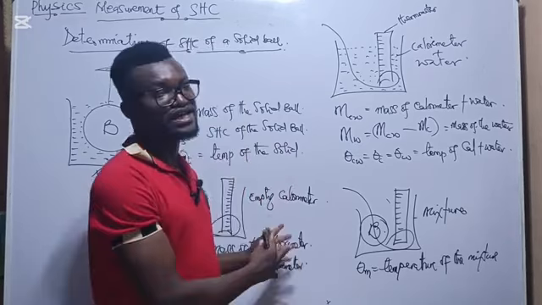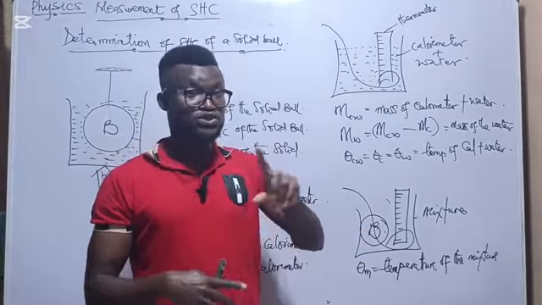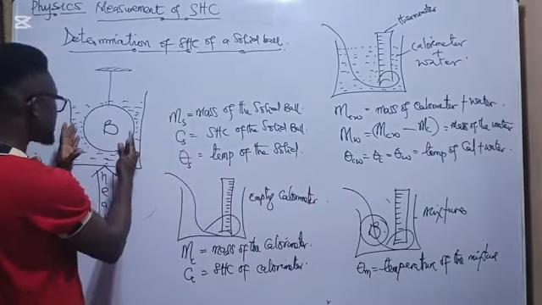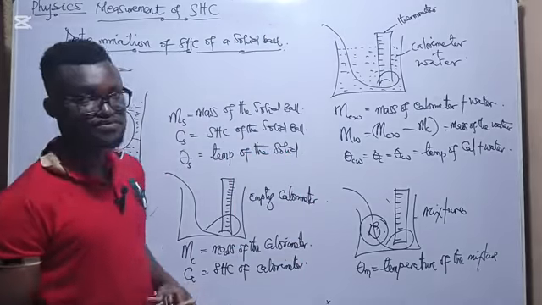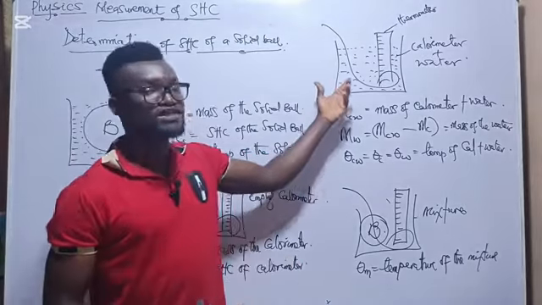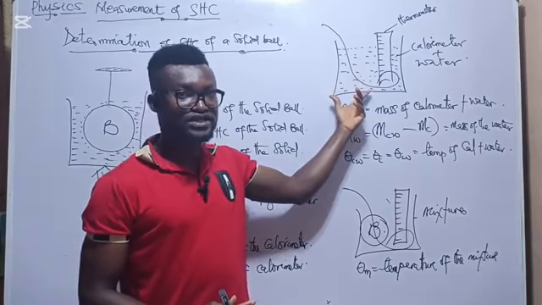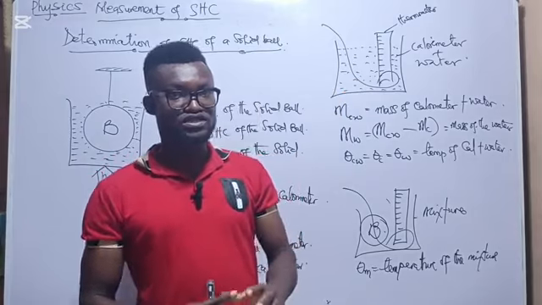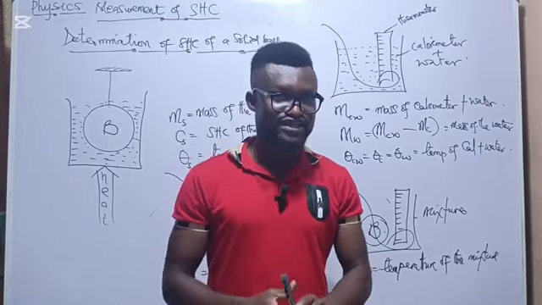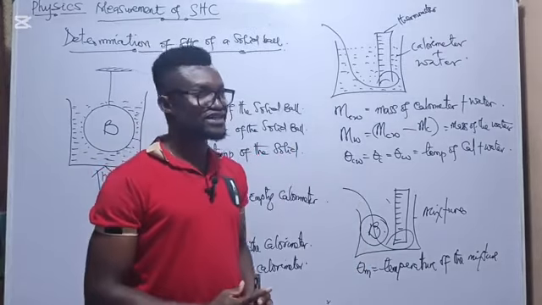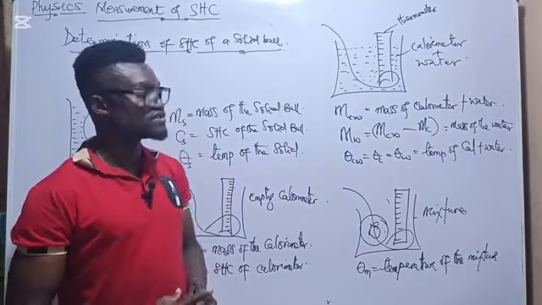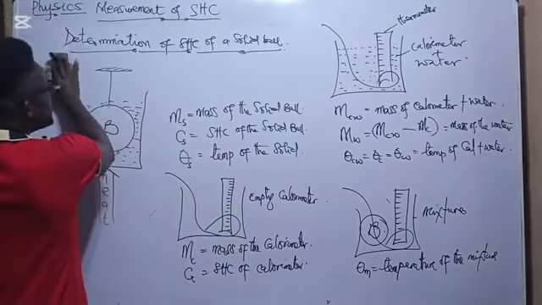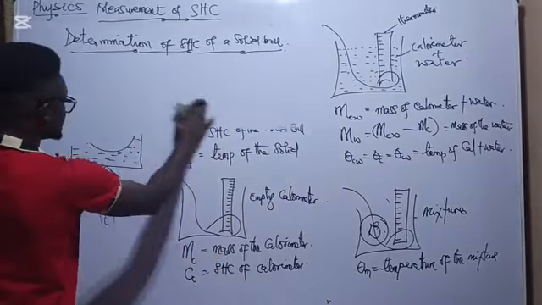So when we neglect the heat loss due to the environment, we can say that the heat transferred by this solid block is equal to the heat gained by the water and that gained by the calorimeter, provided there is no what? Heat loss. So by assumption, there is no heat loss. So in that case, we obey the conservation of energy.